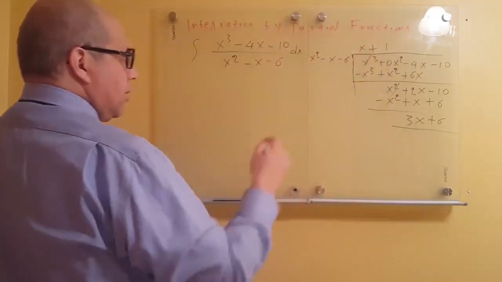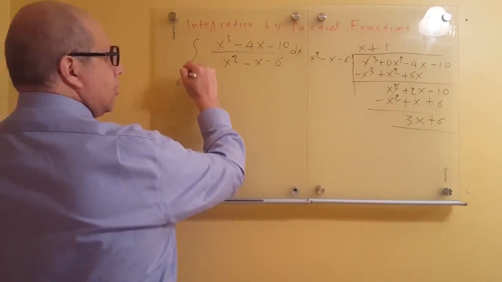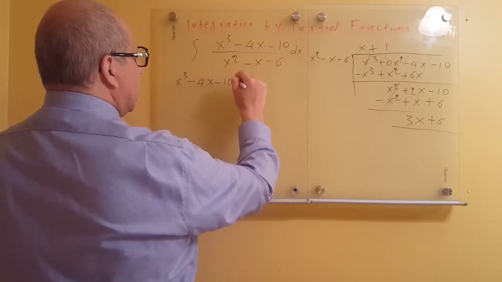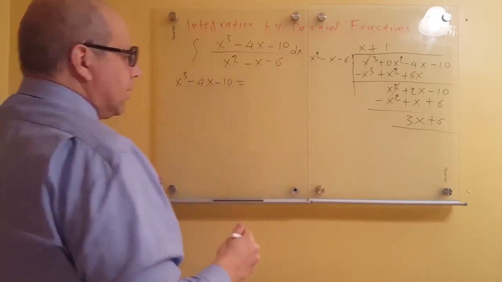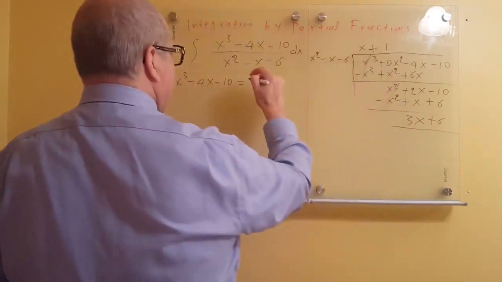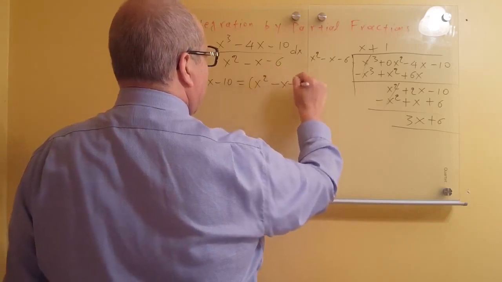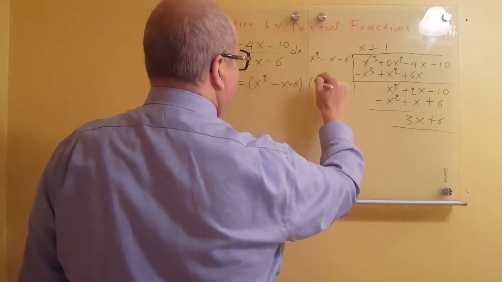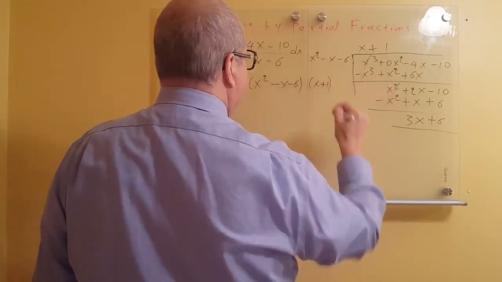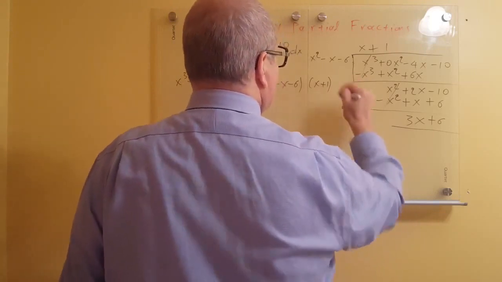So what we have done is we divided this polynomial, x to the third minus 4x minus 10. So this is equal to this times this, plus the remainder.